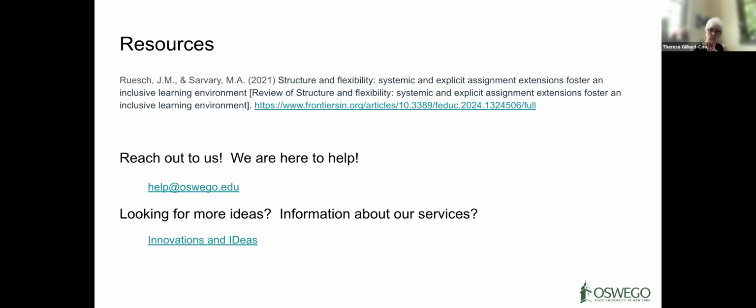But one of the big things we always need to keep in mind is where they are cognitively. They still have some places where we have to think of them as adolescents, even though they have so much more adult responsibility. But again, finding ways to add that flexibility for your students.